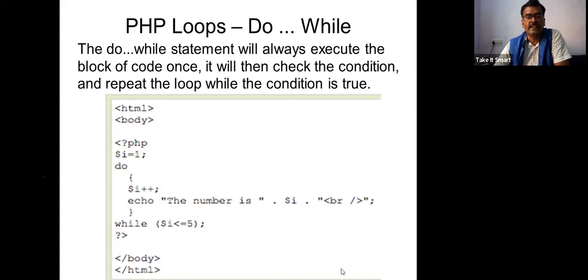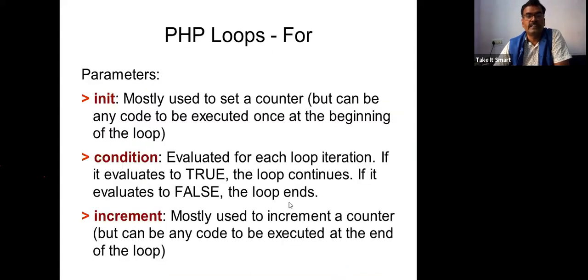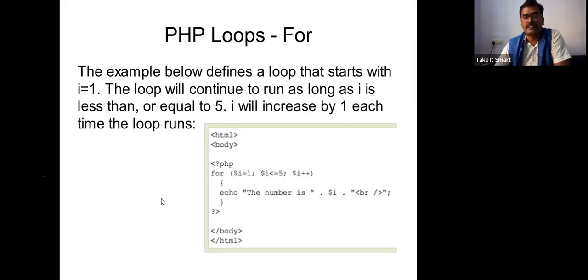Let's move fast, guys. So here, the PHP for loop. I already said that the for loop will have three parts. The first is the initialization part, the second is the condition, and the third is increment and decrement. You can read this text. I will be sending it today, 100%. So here you see the example of a for loop. Here the three parts are there.